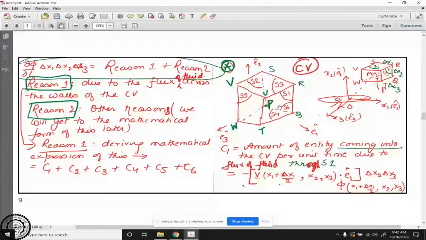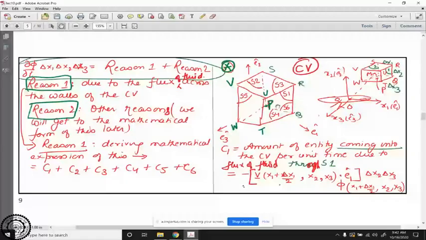In isolation, you can have normal either in positive E1 axis or negative E1 axis, right? But here I am saying that this has outward normal along E1. So I hope there is no ambiguity once I say outward normal. Outward means it is going away from the control volume.